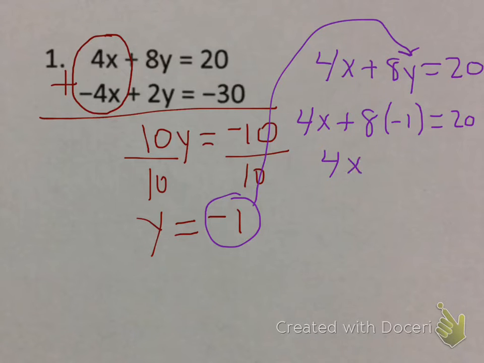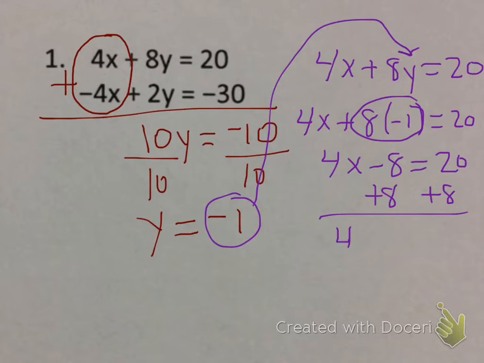That would be 4x. This multiplies to be a negative 8, so minus 8 equals 20. Now my goal is to isolate the variable. I need the x by itself, so the first thing I'm going to do is add the 8 over to the other side. I get 4x equals 28, because 20 plus 8 is 28.